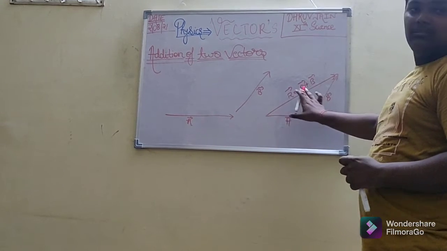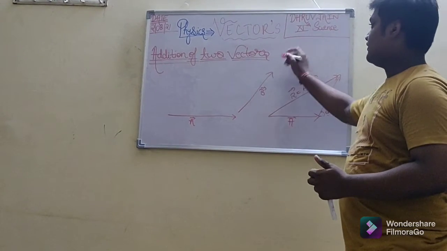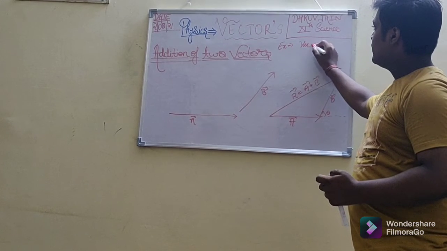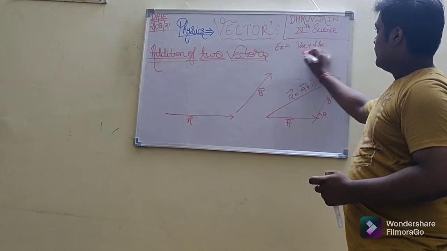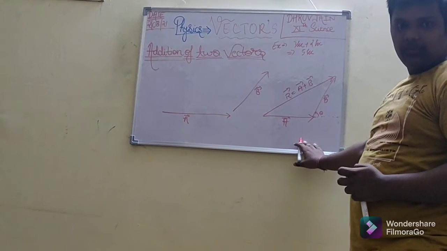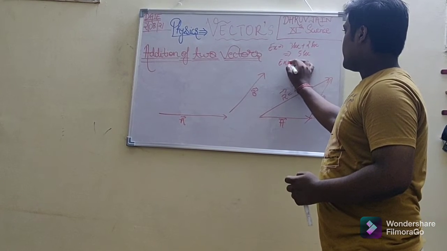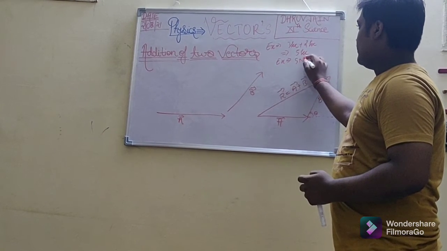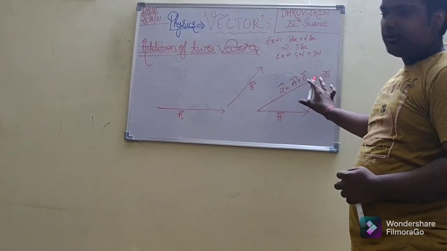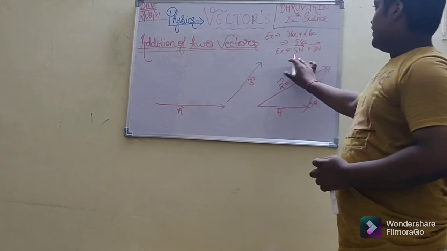This vector sum is not similar to the ordinary sum. If we take two scalar quantities, for example 3 seconds plus 2 seconds, you will say it is 5 seconds. But if we take two vector quantities like 5 Newton plus 3 Newton, it will not equal 8 Newton, because these are vector quantities.